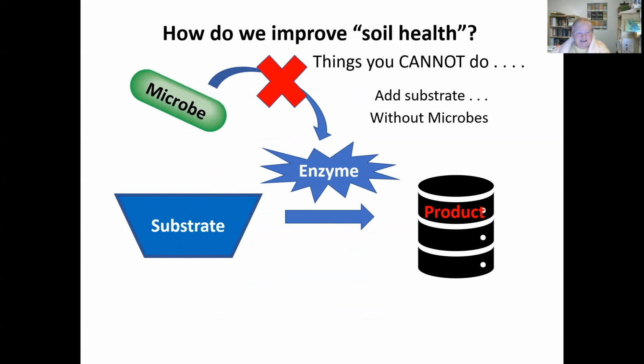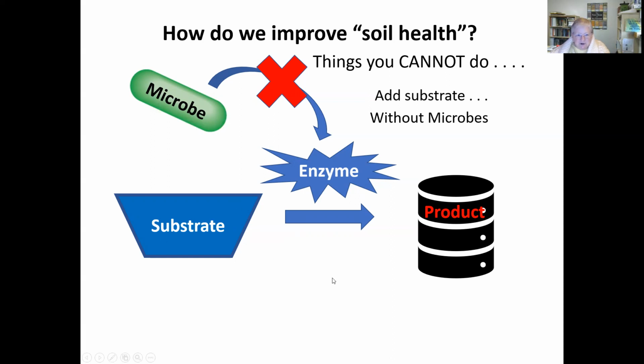An interesting thing, when you first convert to no-till, you'll end up with a lot of residue on the surface of the field. That will change over a couple of years very quickly, because the microbes will come when the substrate is there.